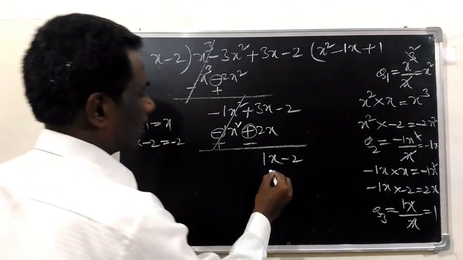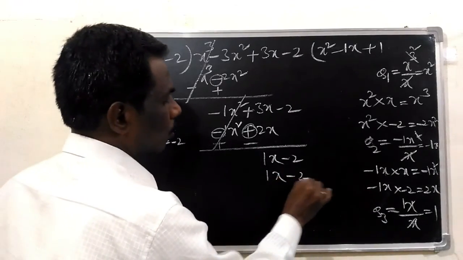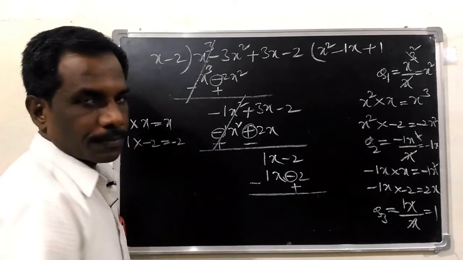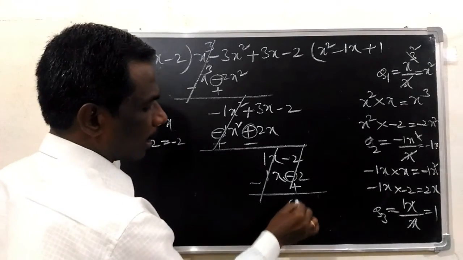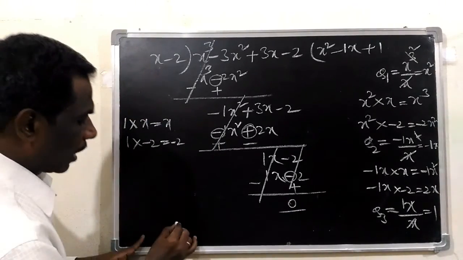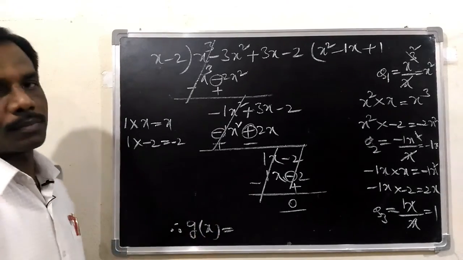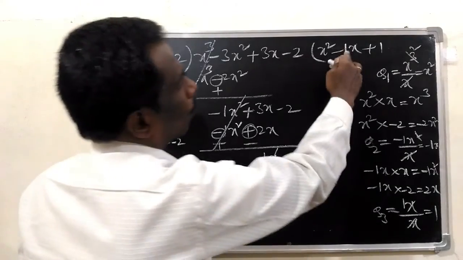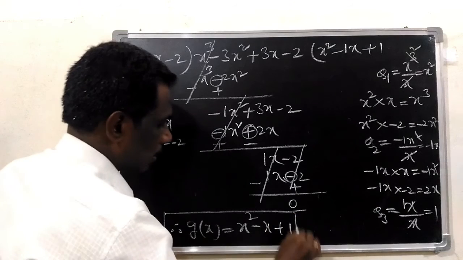The first term is x, I can write 1x, and this is minus 2. Change the symbols: minus becomes plus. Cancel, and minus 2 plus 2 also gets cancelled. The remainder is 0. Therefore, g of x equals x square minus 1 into x, that is x plus 1. This is the answer.